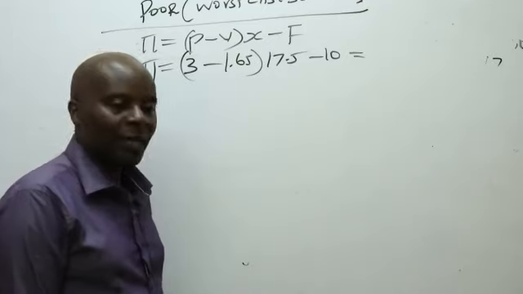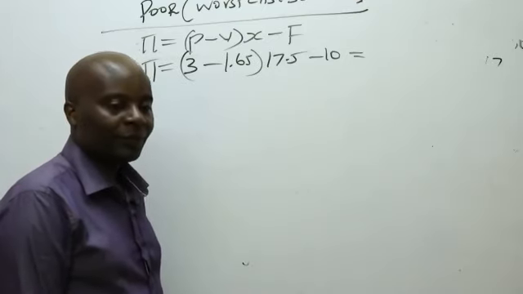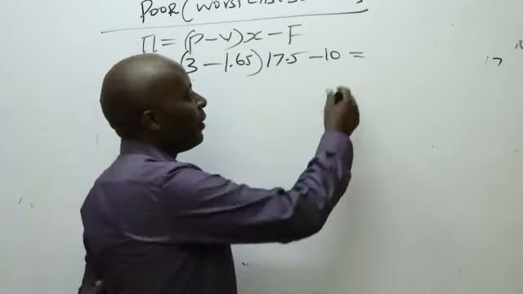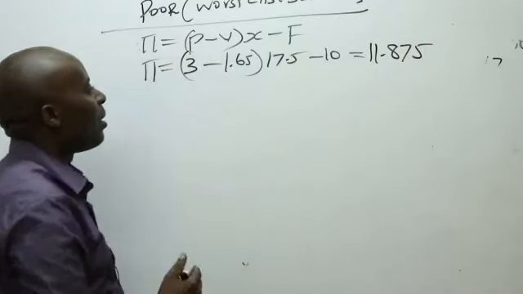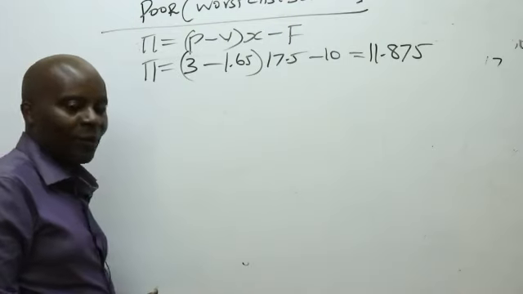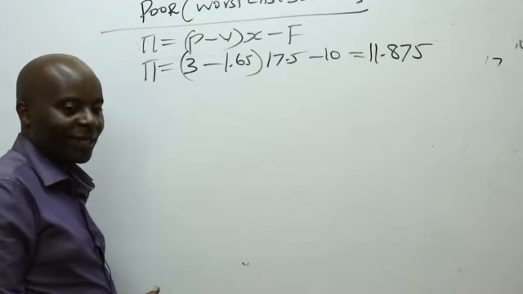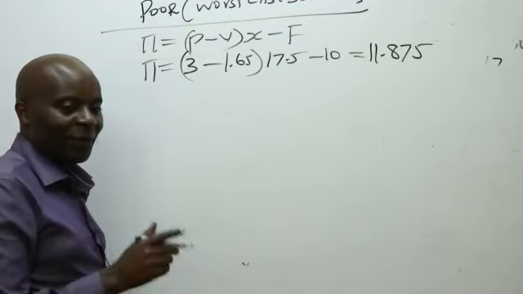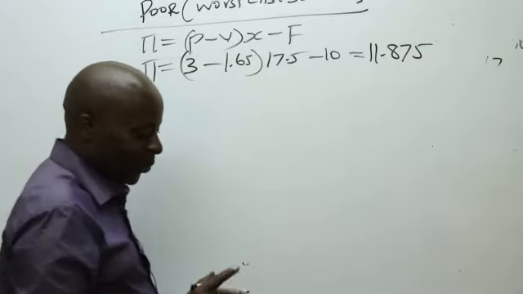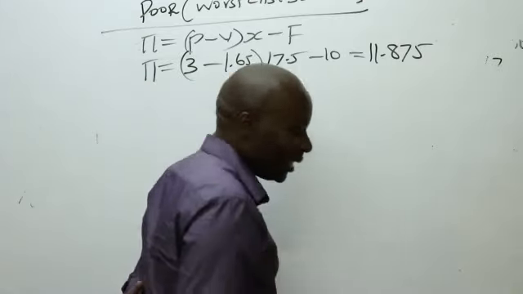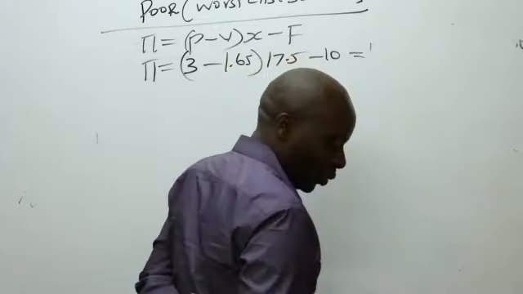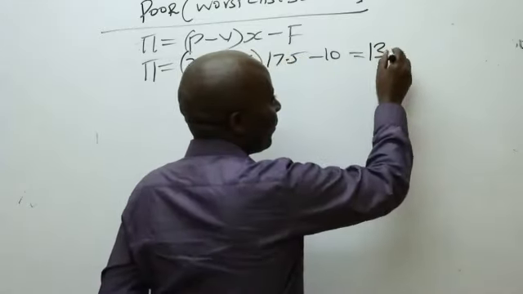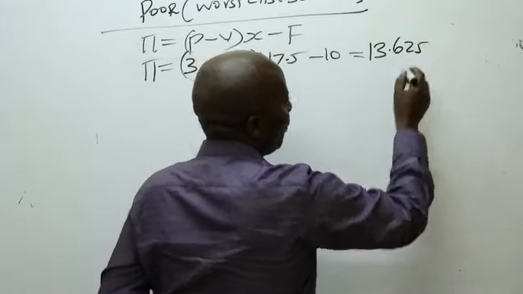Give us a figure. 11.875. Thank you very much. 13.6. 13. Anasema ukweli sasa. 11 appeared only once. Hiyo kuna uongo fulani hapo. But 13 ni wengi, yeah? Almost everyone is getting 13 point 625. Thank you very much.